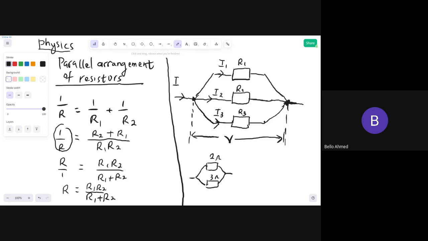You have to find the equivalent or the combined total resistance.